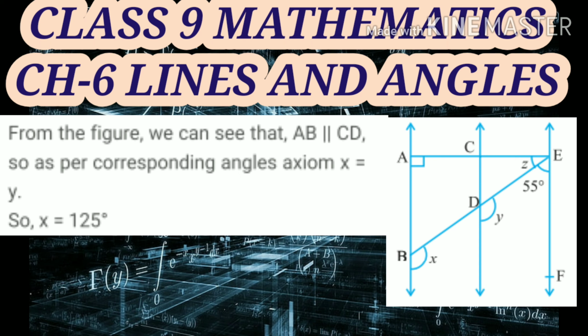Corresponding angles are those angles which are on the same position. So children, corresponding angles are equal. The value of Y we have already found as 125 degree. So the value of X is also equal to the value of Y. So the measurement of X is 125 degree.